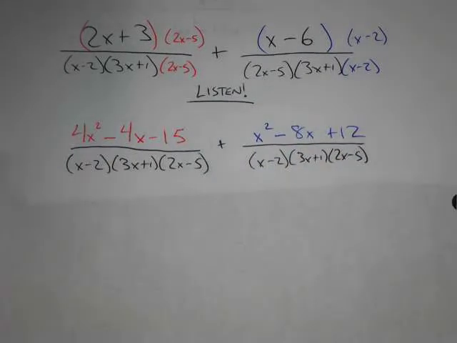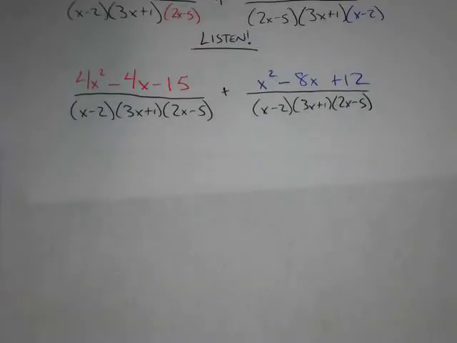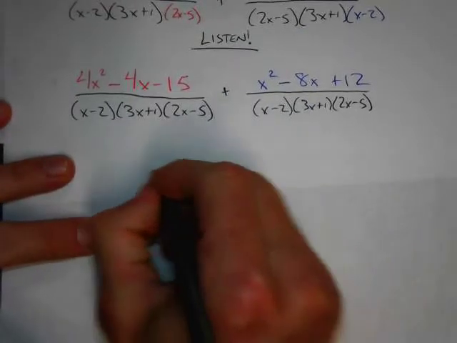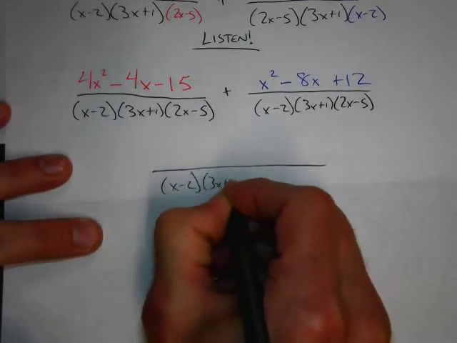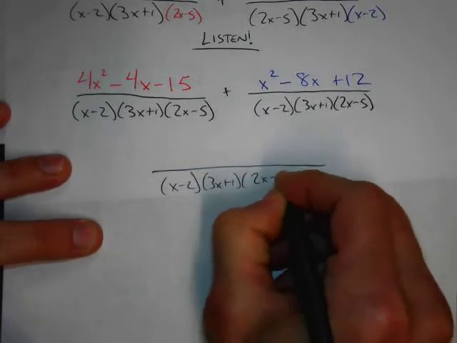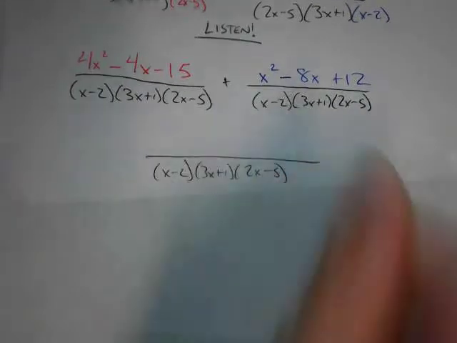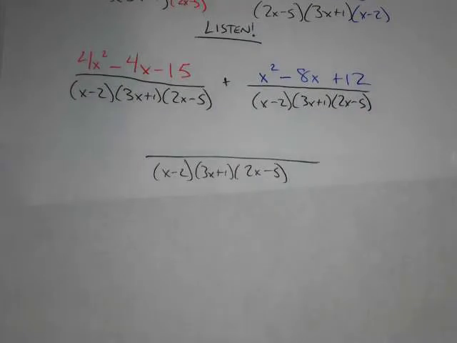Okay, so I've done some neat things, right? Now I have my two numbers with the same denominator. I'm going to keep it the same, so I have my x minus 2, 3x plus 1, 2x minus 5. You might be thinking, Mr. Katz, why multiply the numerators but not the denominators?